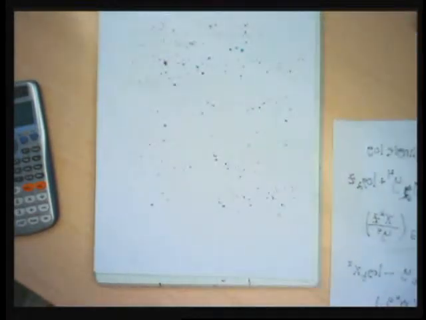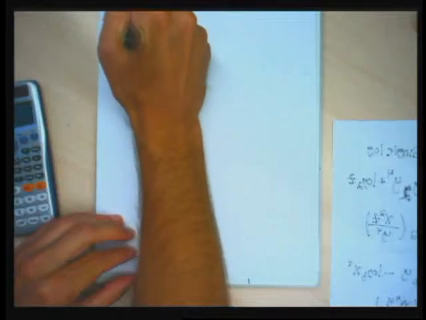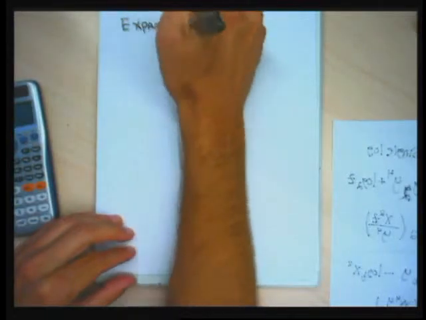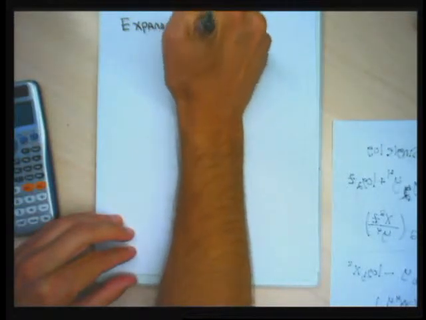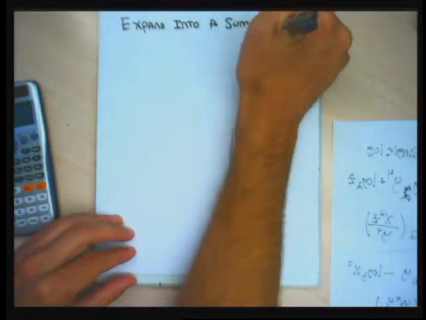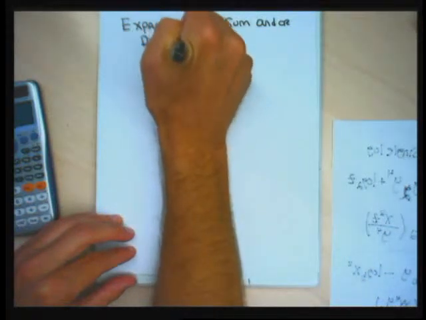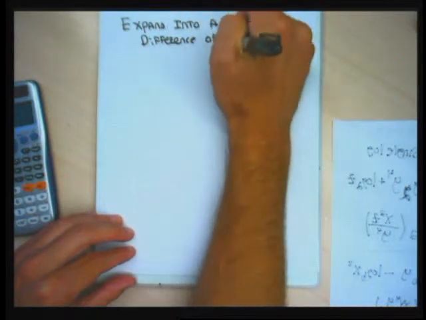The alternate way that we'll have to use the rule, the instructions might say this: expand into a sum and or difference of logarithms.